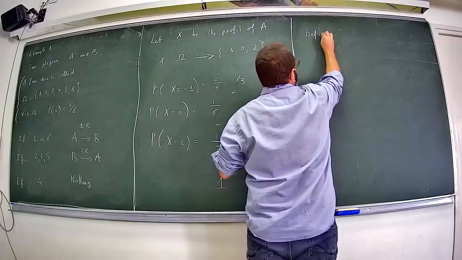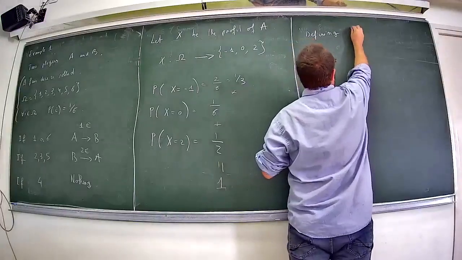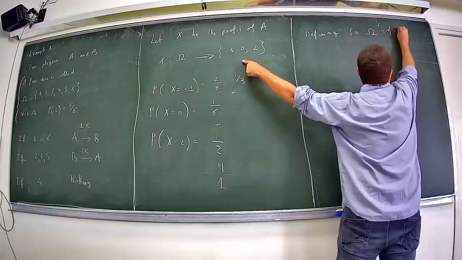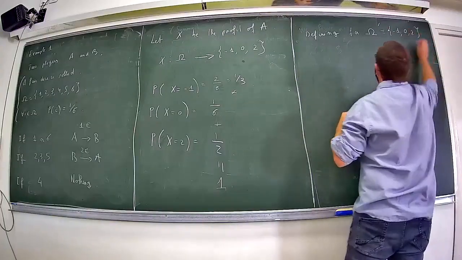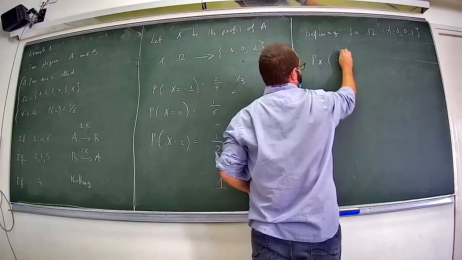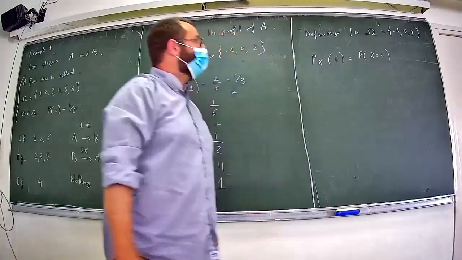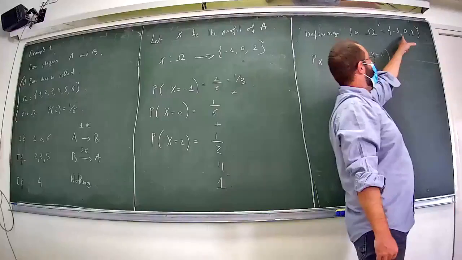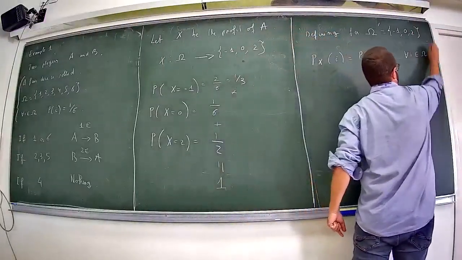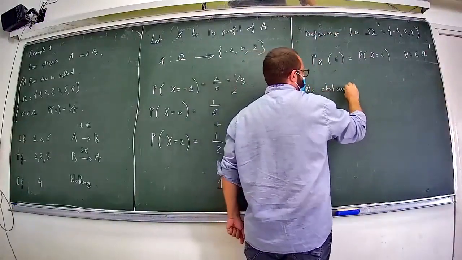Defining, for a new omega, omega prime equal to minus 1, 0, 2, P_X of i equal to the probability that X is equal to i, for all i belonging to omega prime, we obtain the new probability.